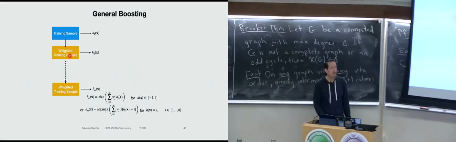We're going to weight having an error on data point 12 and data point 67 as, say, 3 errors for each one of those instead of just 1 error. Okay? And we're going to use that weighted training sample to train classifier 2.